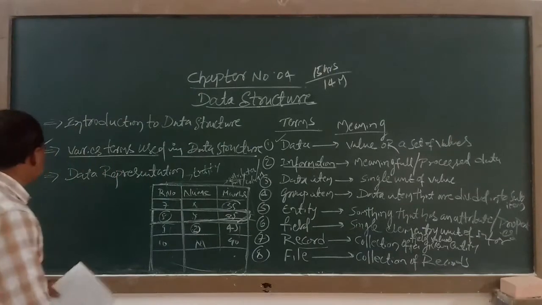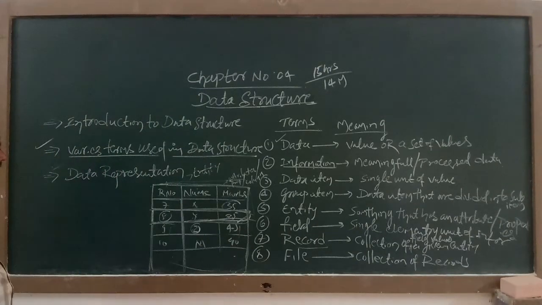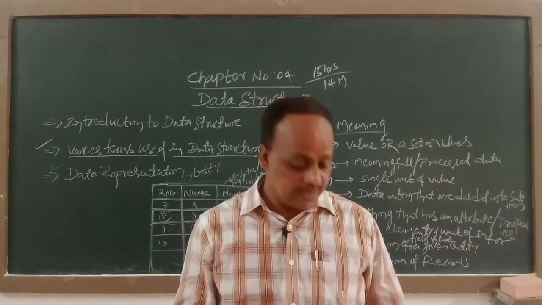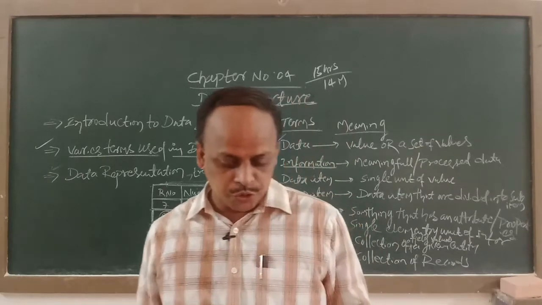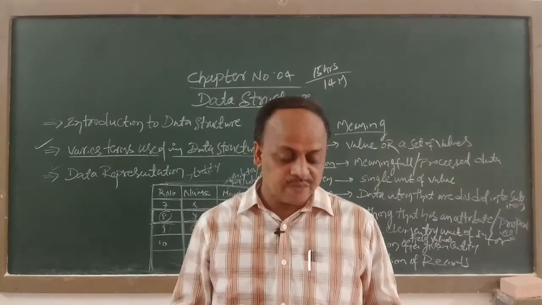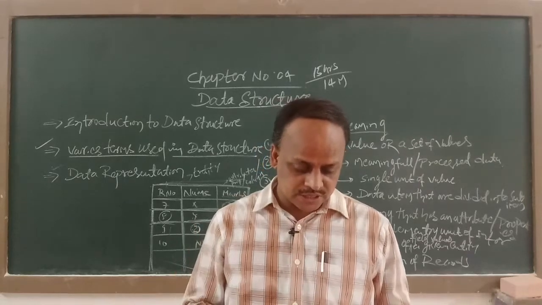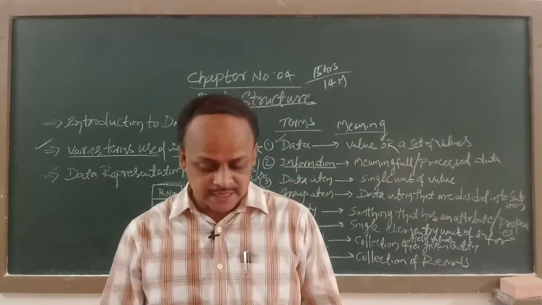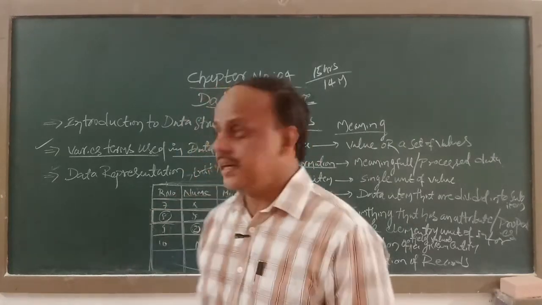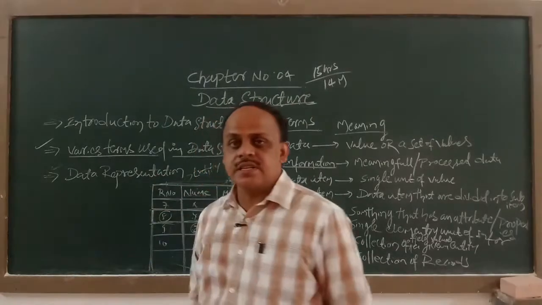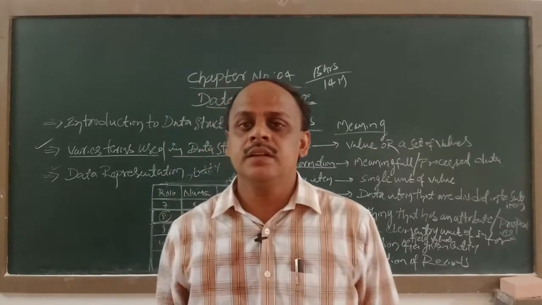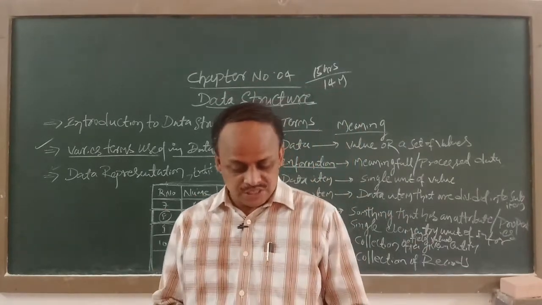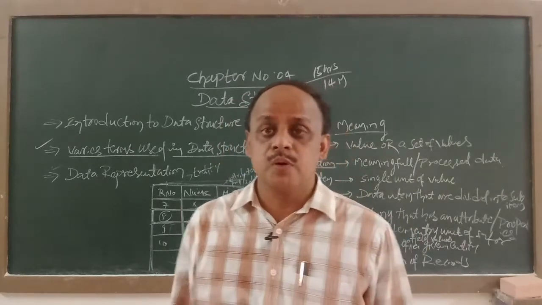Now let us see what is meant by data representation. It is very simple. Computer memory is used to store data which is required for processing. This process, that is using computer memory to store data, is known as data representation, right? Processing means working.